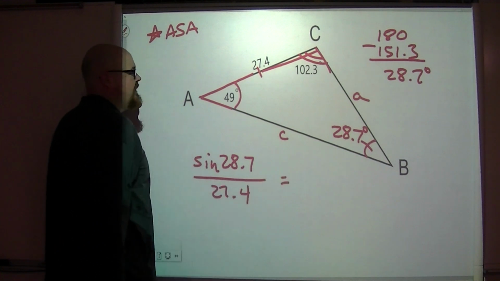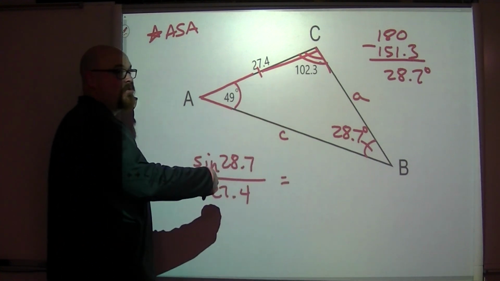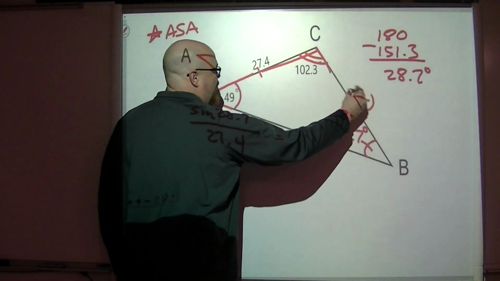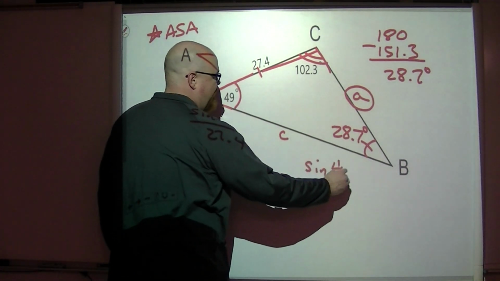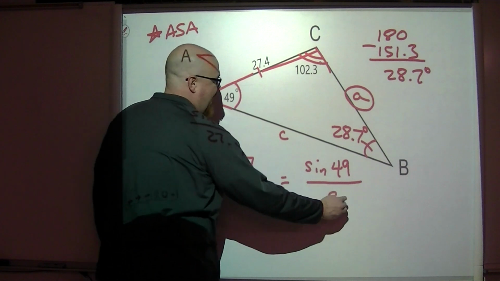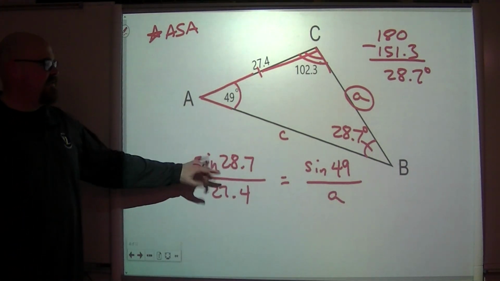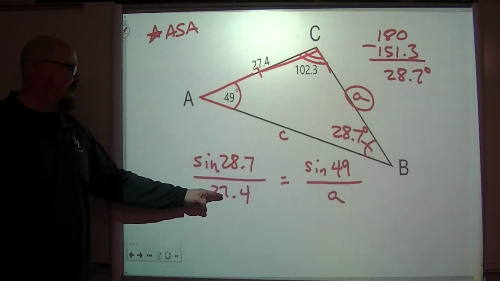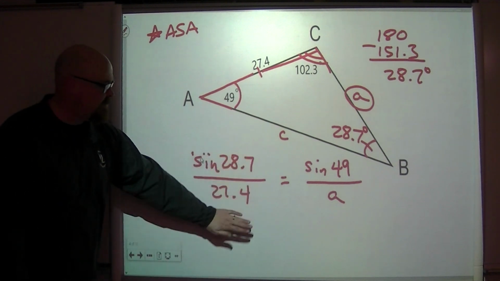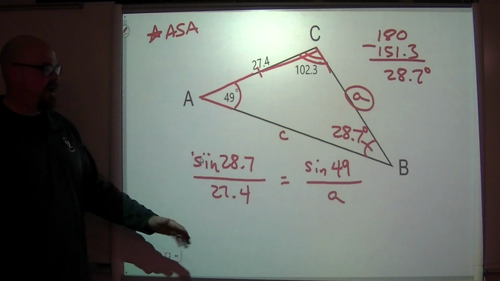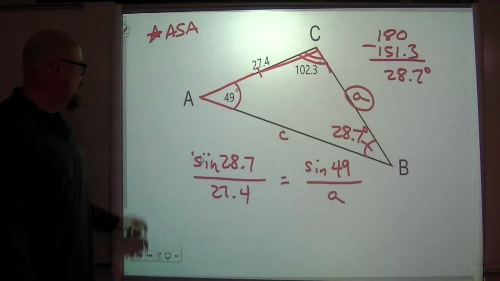Okay, so in this case, it doesn't matter, at this point we're solving for either one of these sides. Let's find A. So I set up the sine of 49 degrees over A, and it doesn't matter if this is flipped over. If you have the side length on the top and the angle on the bottom, like take this entire piece, move it down, take this entire piece, move it up, that's fine. This would just have to be in that same relationship.